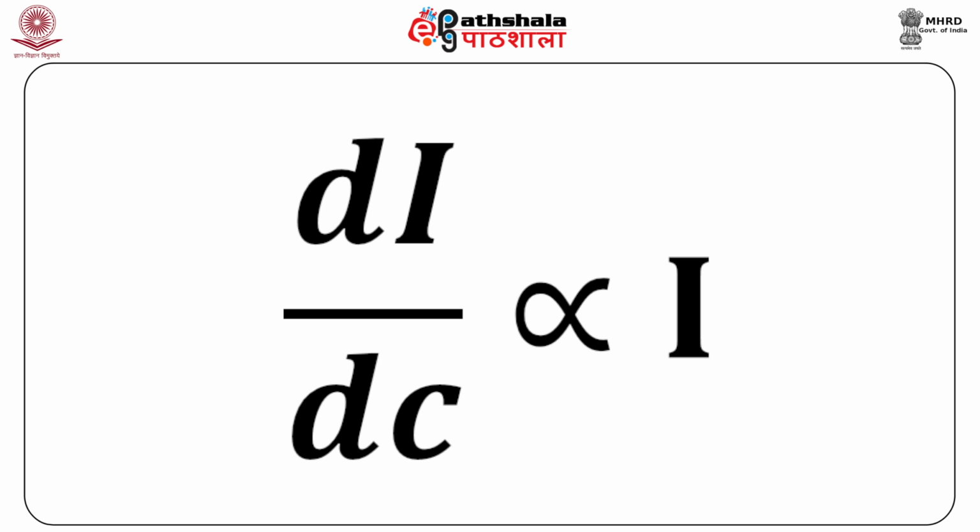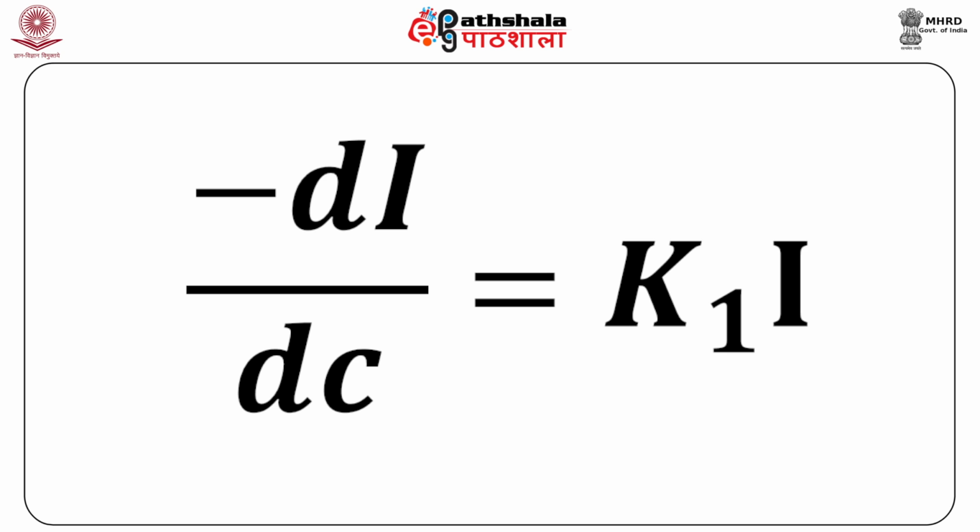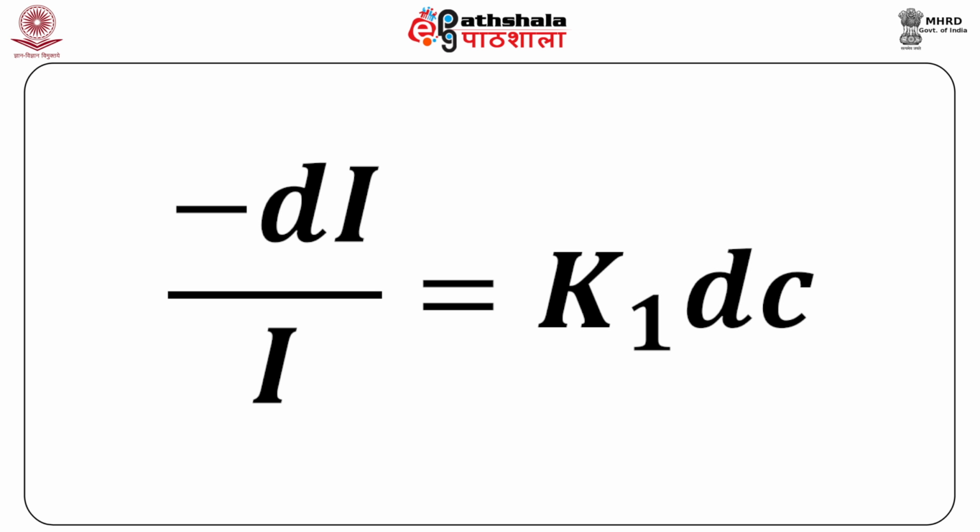This means that the decrease in the strength of the incident light I with concentration C is proportional to the strength of the incident light I. Introducing the constant of proportionality represented by K1, the equation transforms as minus dI by dC is equal to K1 I. The terms are reshuffled and we get minus dI upon I is equal to K1 dC.